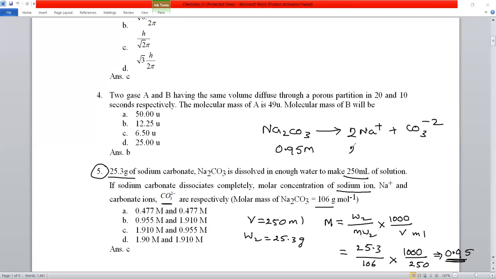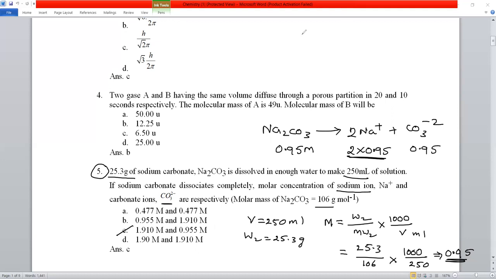That means the concentration of Na plus is 2 times 0.95, and the concentration of carbonate is 0.95. On multiplying, you get 1.90 and 0.95. We got it.